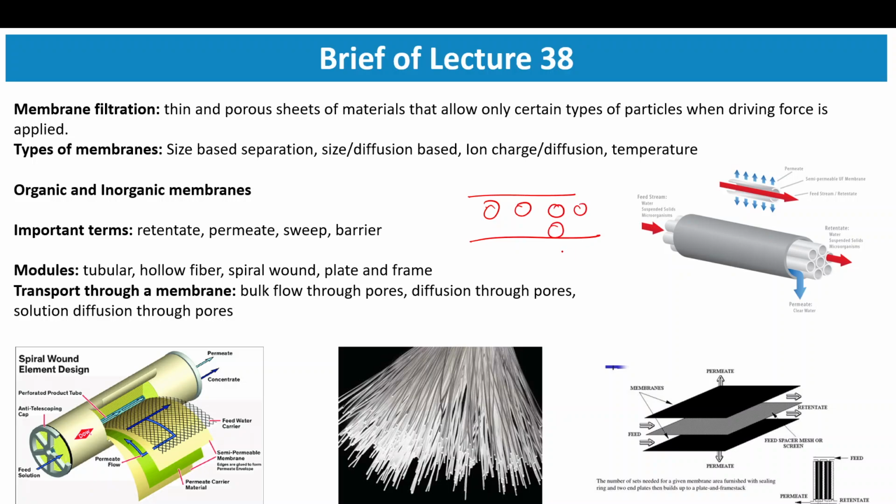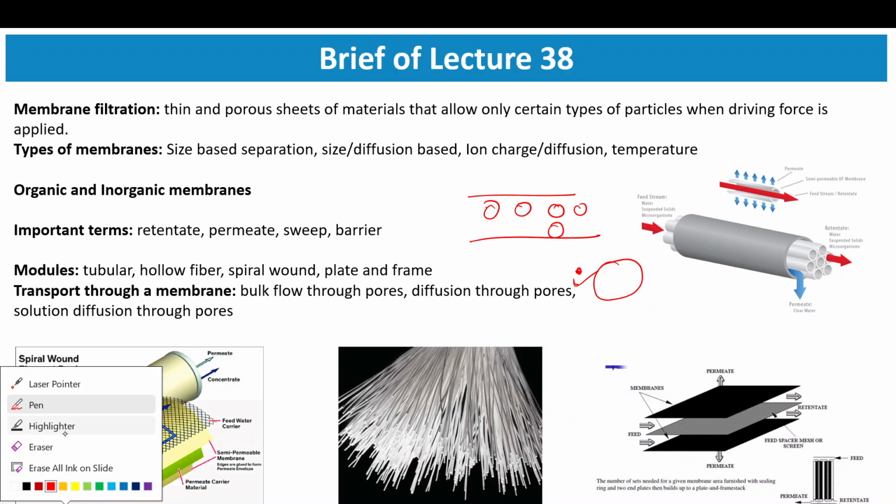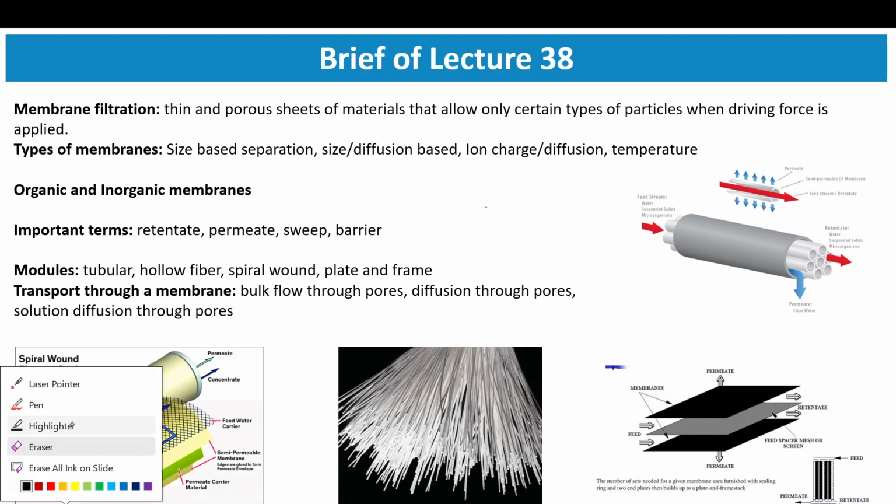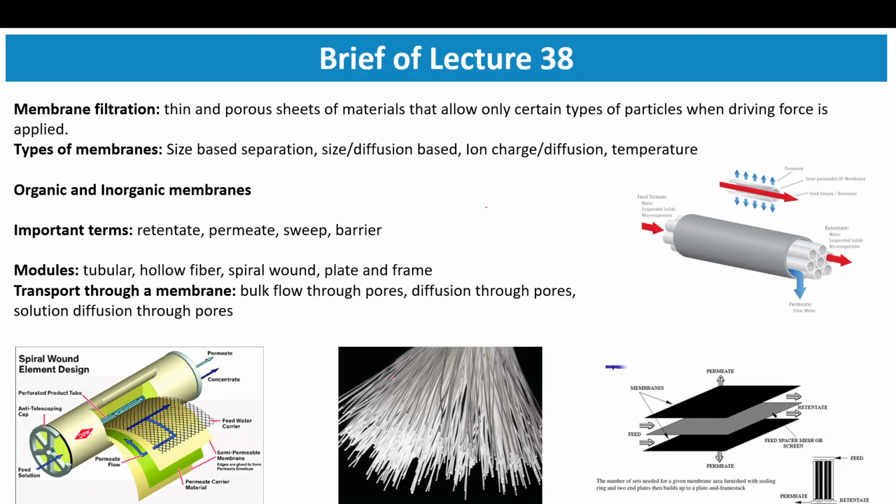Let's say this is the size of one pollutant and this is the size of another pollutant. This pollutant will easily pass through the pores, because its size is smaller than the pore size. While this particle is much bigger than the pore size, so it will be restricted from passing. So the membrane will hinder the flow of particles which have larger sizes than its pores, and this is nothing but size-based separation.